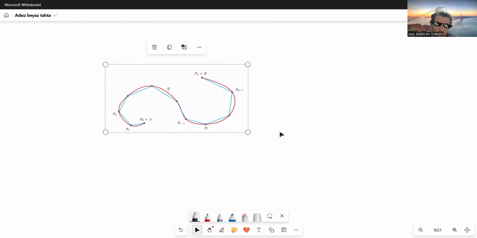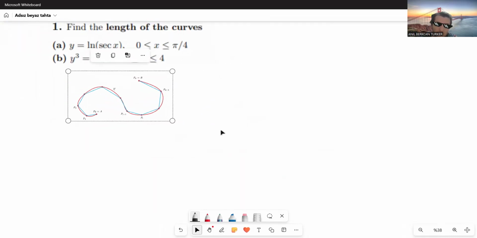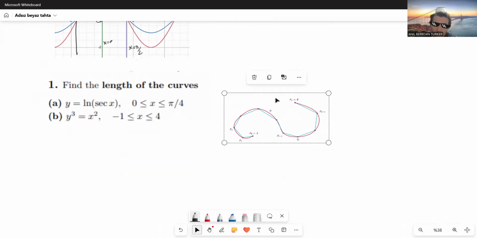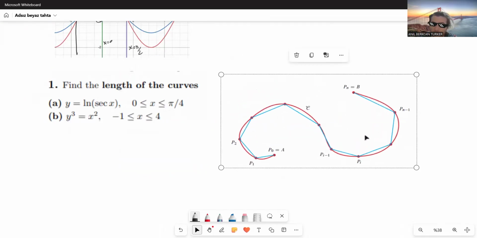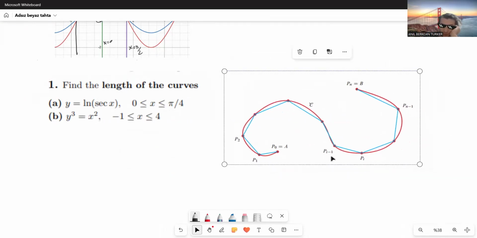If you have a curve like that and you want to understand its length, you can first divide the curve into some line segments.